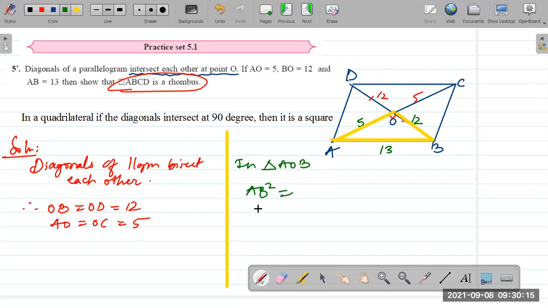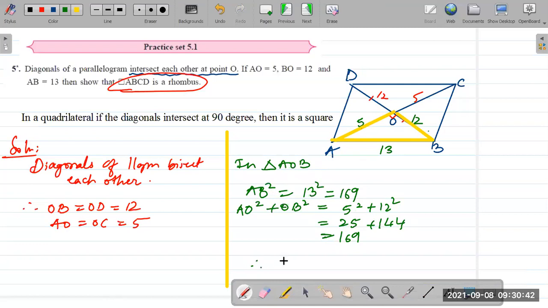And parallelly, we have to show that it is equal to the sum of squares of the other two sides. So AO square plus OB square. That is 5 squared plus 12 squared. 5 squared is 25. 12 squared is 144. So clearly, students, you can see 25 plus 144, that is 169.